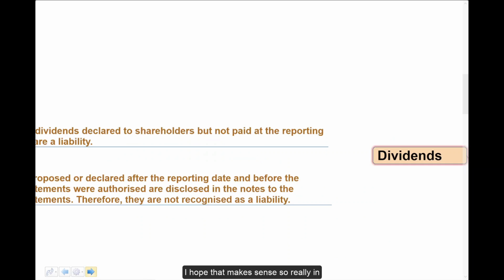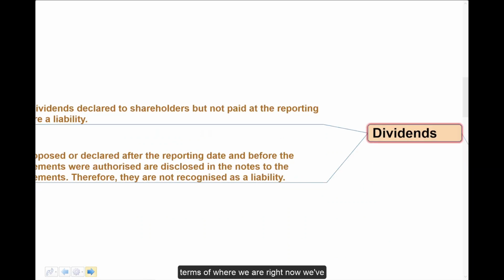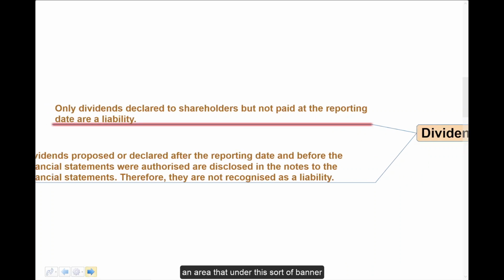So really, in terms of where we are right now, we've discussed the sort of two options under this standard. The left-hand side here, outside of the disclosure area, just a few little sort of add-ons. One of them being the area of dividends, and this is an area that under this sort of banner of events after the reporting period sometimes causes students difficulty.